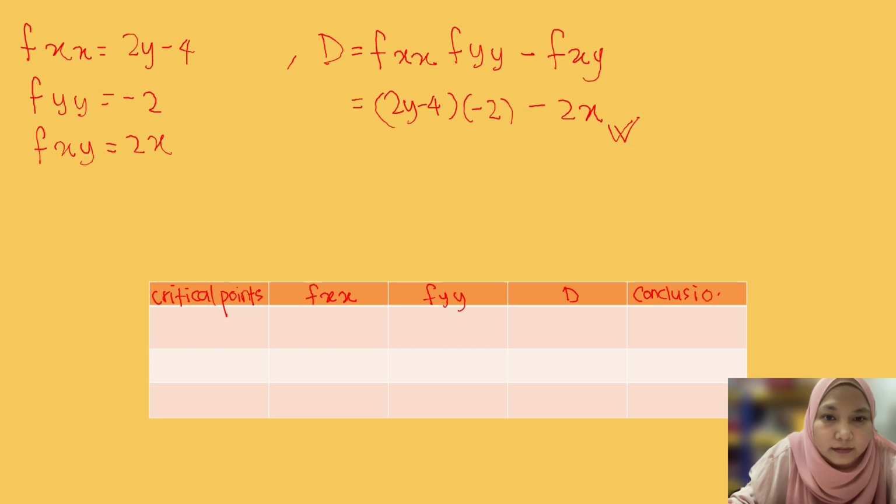For the first critical point we have 0, 0, second one we have 2, 2, third one we have negative 2 and 2.